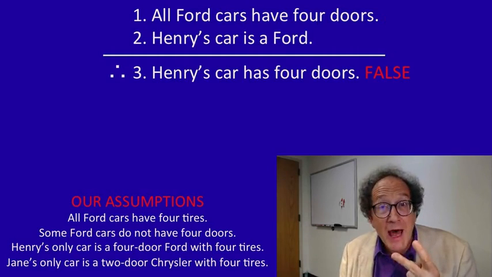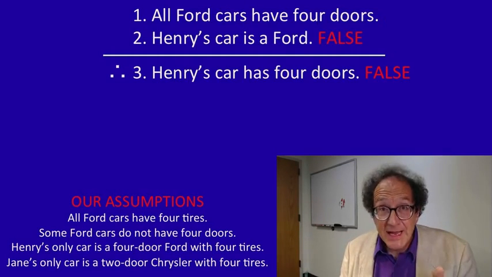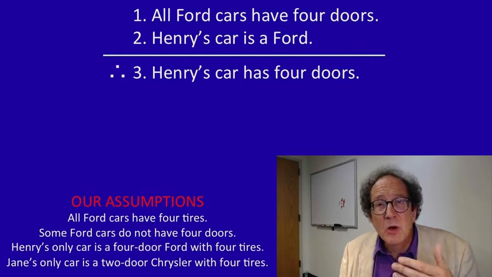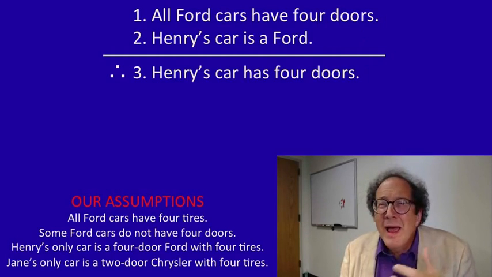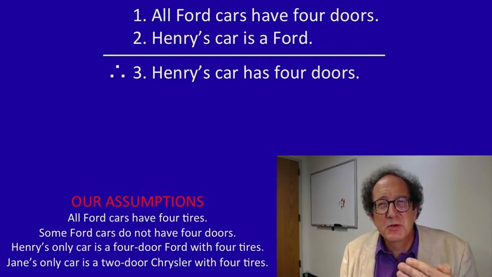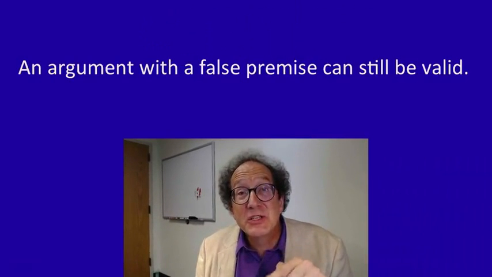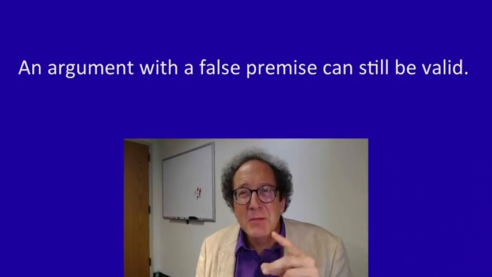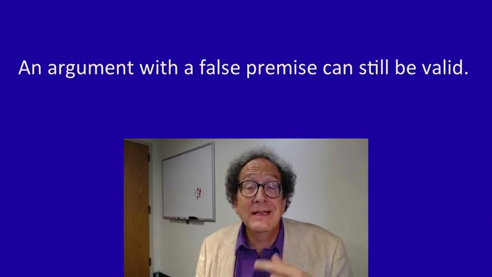But if Henry's car is not a Ford, then the second premise is false because it says that Henry's car is a Ford. So there's no coherent way in which it could possibly be true that both of these premises are true and the conclusion's false. So this argument's valid.